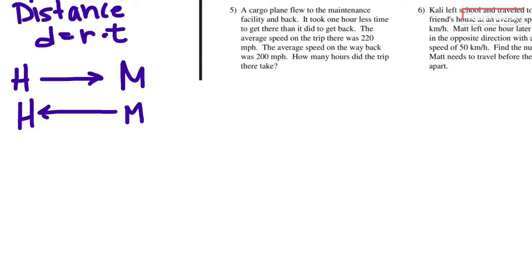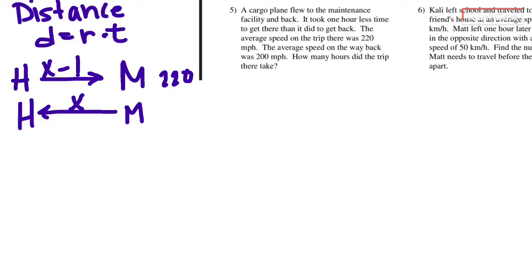It does say that it took 1 hour less time to get there than it did to get back. And since we know less about the flight from the maintenance facility back to home, we'll let it be X. And then the flight there took 1 hour less, so we're going to take X and subtract 1 hour. We know that on the trip to the storage facility or maintenance facility, it was 220 miles per hour, okay?